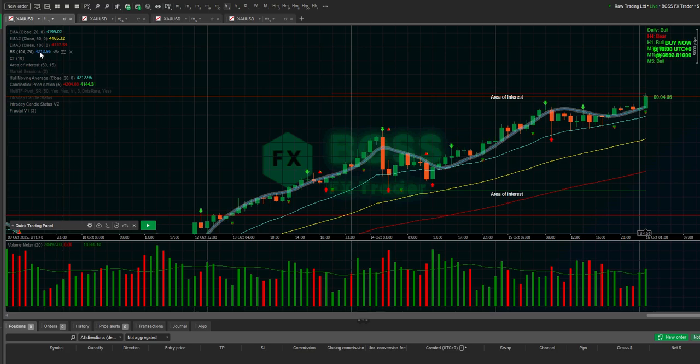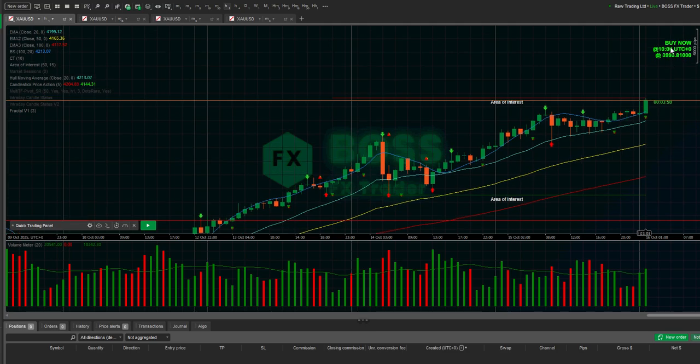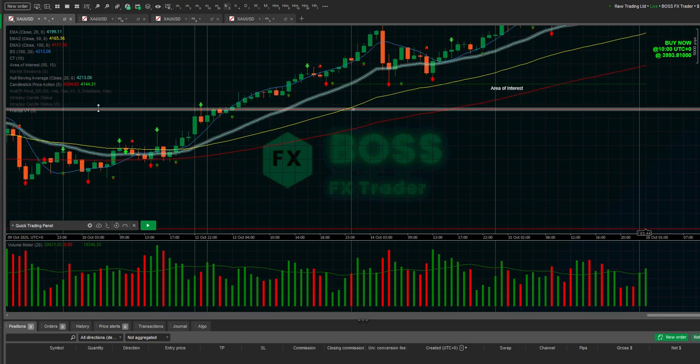And for our additional indicator, we can also check with this one. This is automated. As you can see at 3,393, dito pa lang nagpapay na tayo, guys.